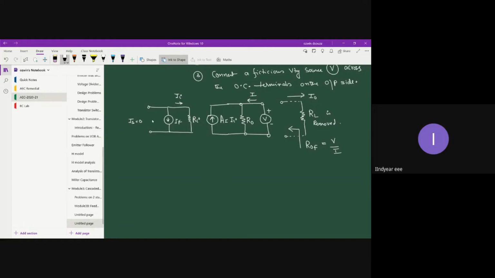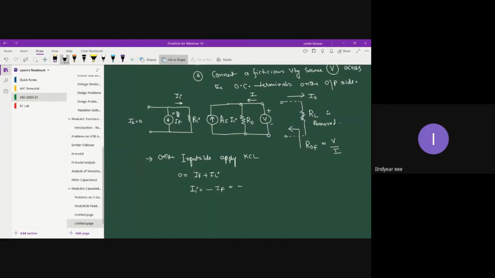So on the input side, you can write down the expression. Let me write on the input side, apply KCL. When you apply KCL, what do you get? 0 is equal to IF plus II, or you can write II is equal to negative IF. What is IF?